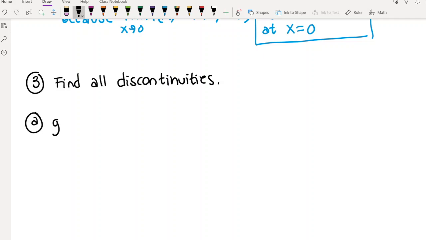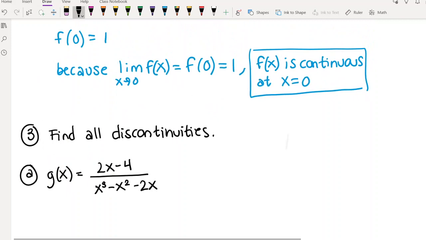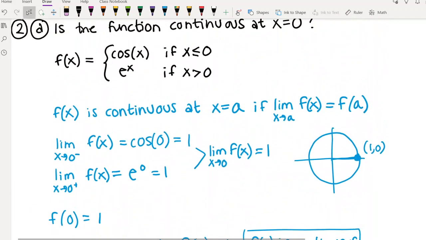So the first function is 2x minus 4 over x cubed minus x squared minus 2x. So where is a function in general discontinuous? Well, if it's a piecewise function, you have to worry about the place where they're pasted together, right?